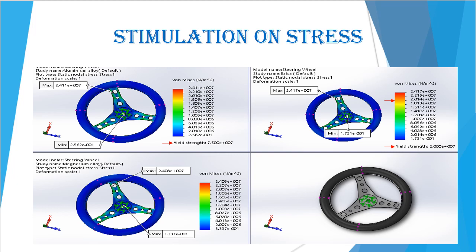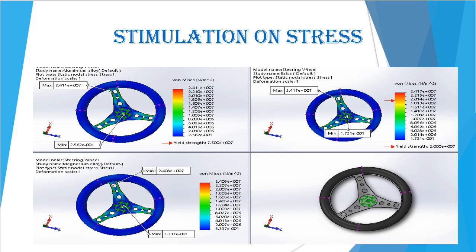The first result is from simulation on stress. By referring to the result, balsa wood shows the highest stress applied on the surface of the steering wheel compared to aluminum alloy and magnesium alloy. But the maximum yield strength that can be withstood by the balsa wood is 2 power of 7 Pascal.